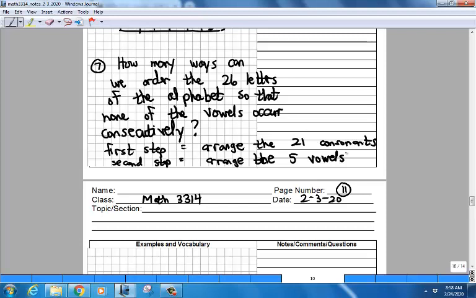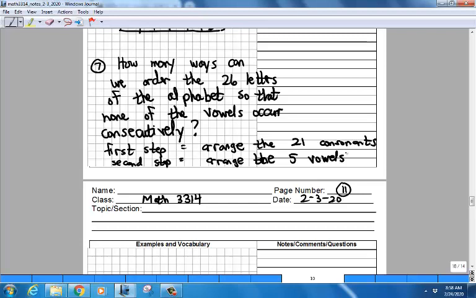The vowels are going to appear in some order, but not consecutively. If you're reading from left to right, you're going to hit a vowel, then another vowel, then another vowel, and that is an arrangement. So how many ways can we build that arrangement?